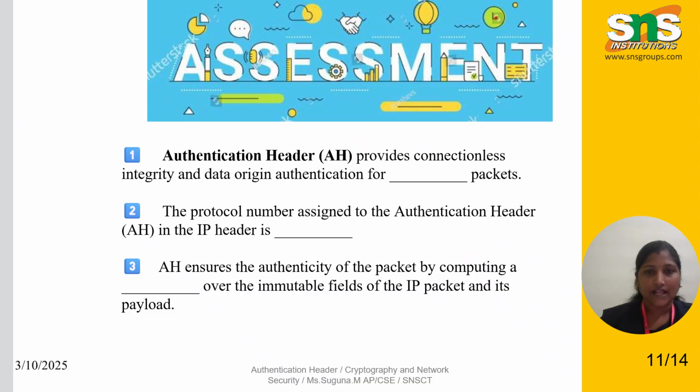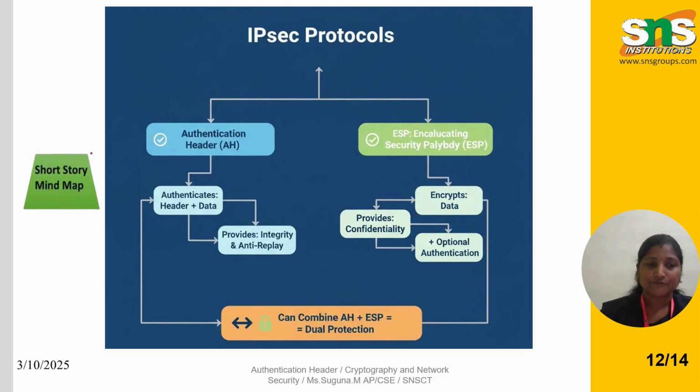Here let me have a brainstorming session on what you have understood. I have given just three questions to check your understanding. Just try to answer these questions and you will know whether you have understood this concept or not. This activity helps you understand how AH offers integrity and authenticity.